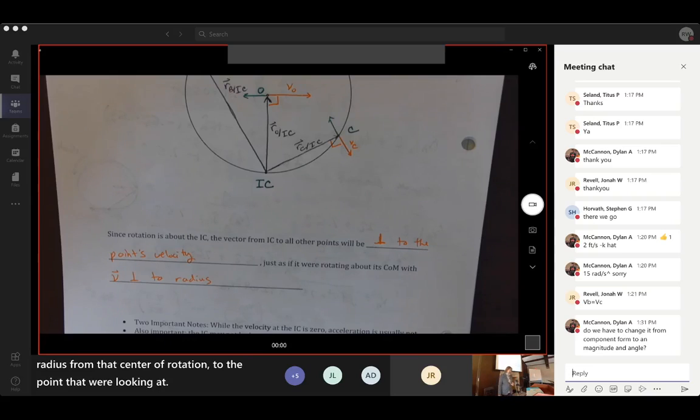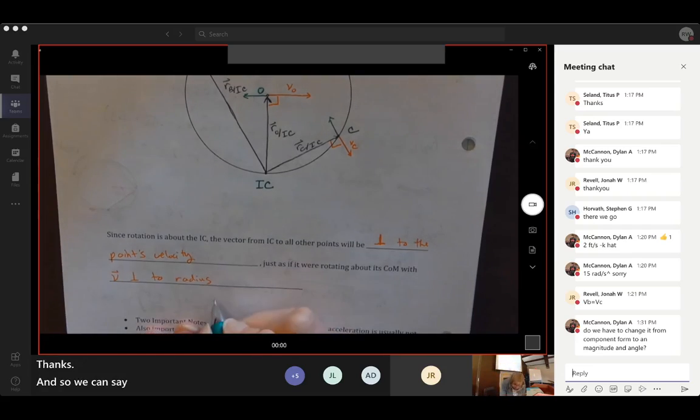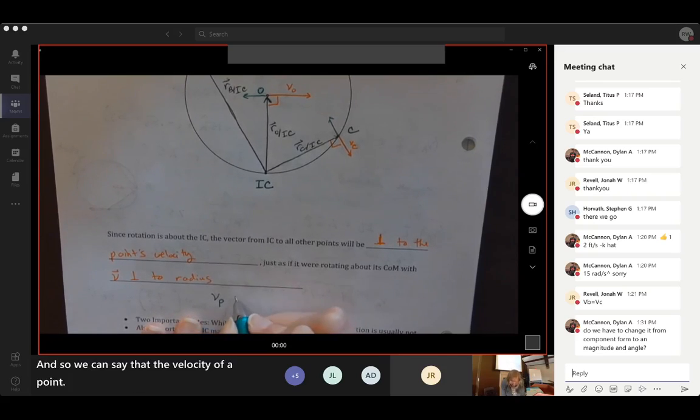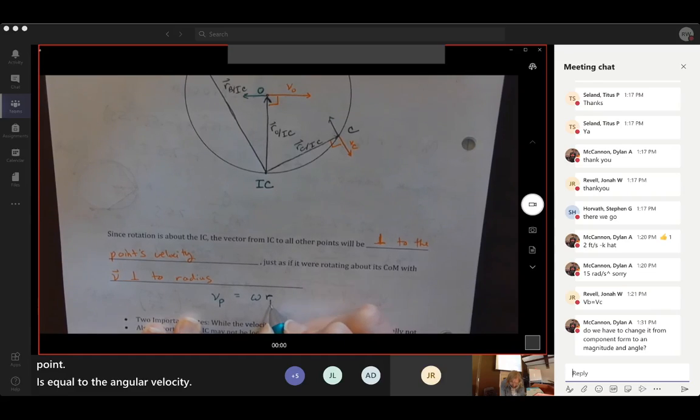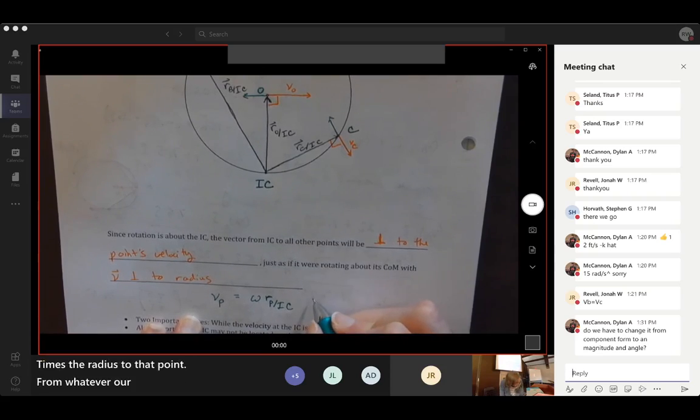Okay? And so we can say that the velocity of a point is equal to the angular velocity times the radius to that point from whatever our instantaneous center is for any point.